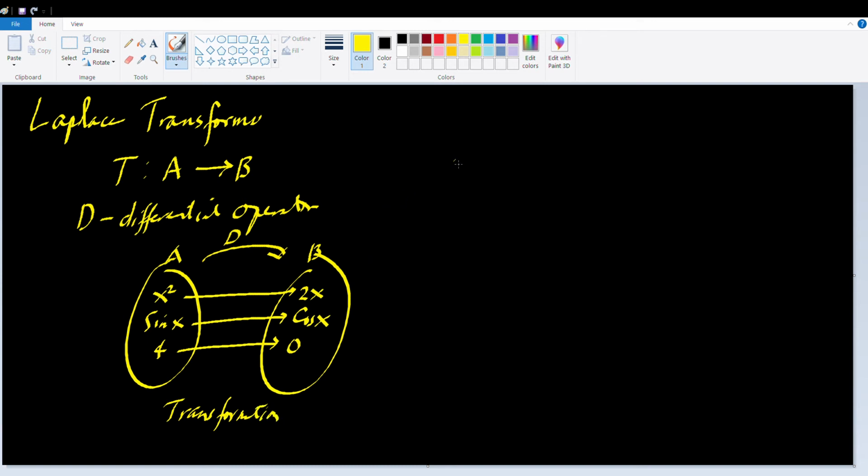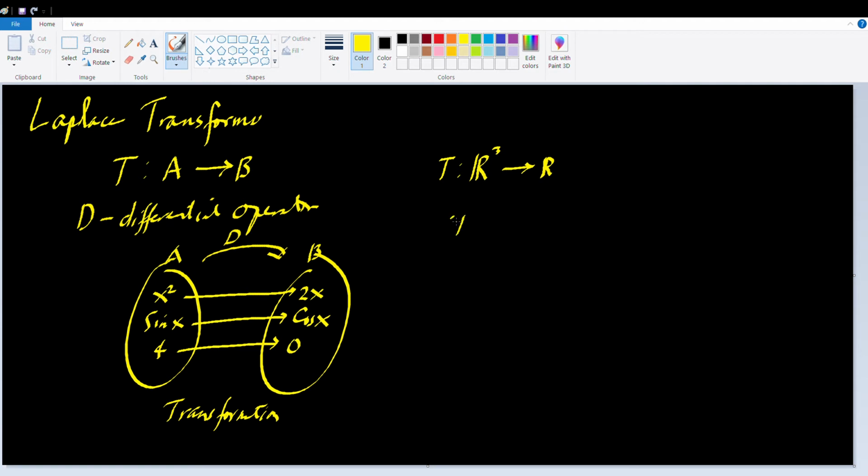Another example of a transformation is a mapping from the set of triples, or set of vectors, R cubed, to the set of real numbers.